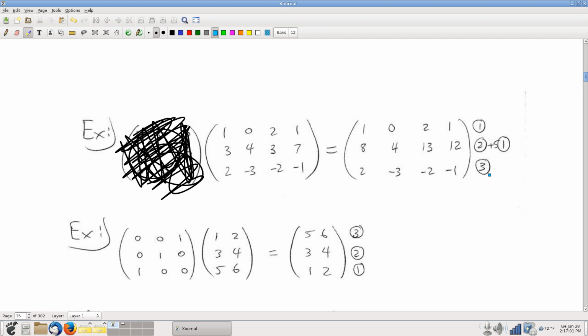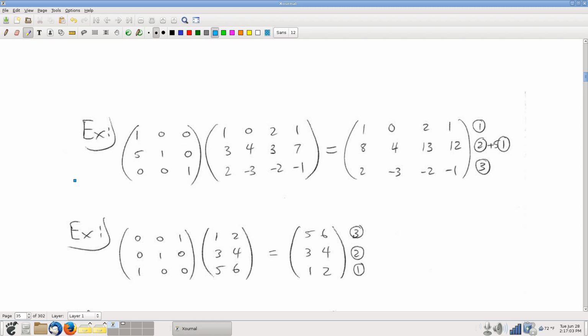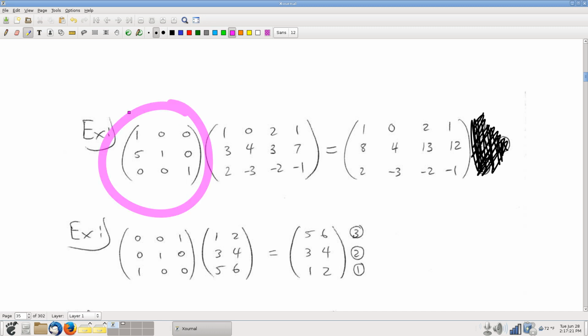Now, the assertion is that this row operation can be achieved, and now let's forget about that row operation. Let's just look at the resulting matrix. The assertion I've made is that that row operation can be executed, in effect, by left multiplication by some matrix, in this case, this matrix. So let's see how that works. Well, now there's different points of view that you can take.